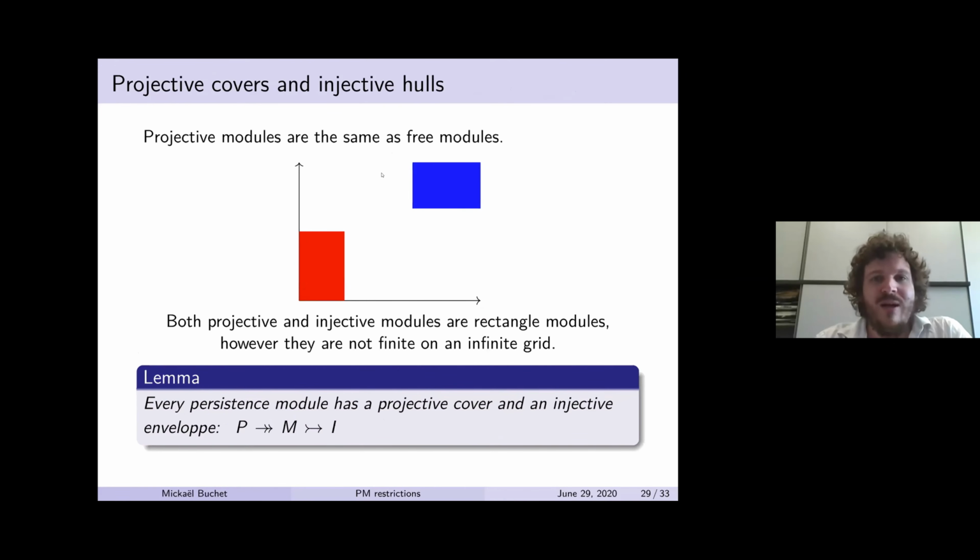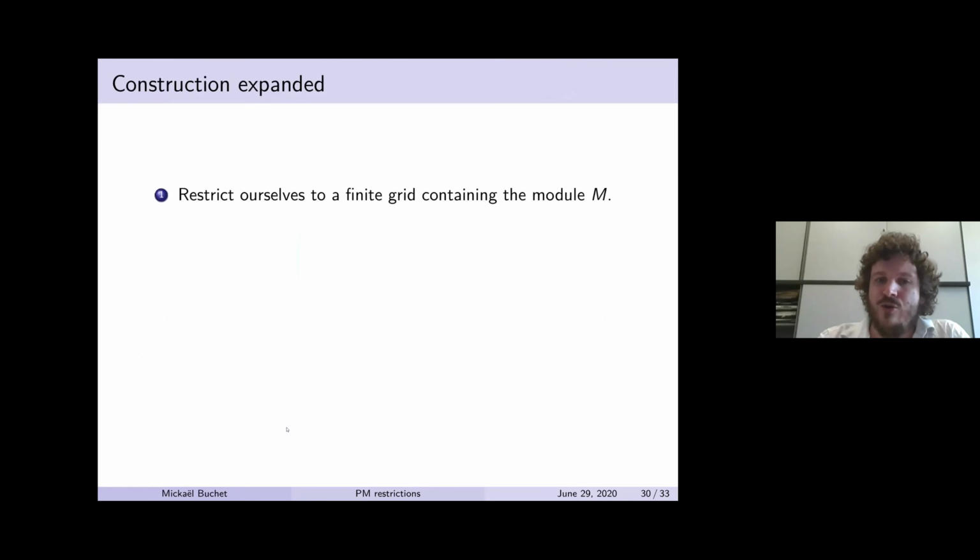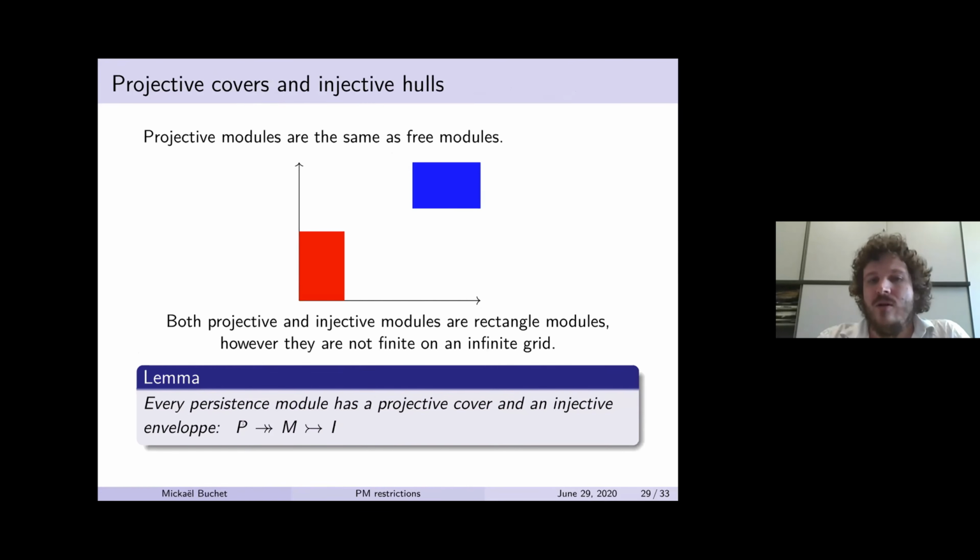Going a bit fast, but I'm almost out of time, so let's go over quickly. I have a projective module, which is the same as a free module, or injective modules. They are rectangle modules, but they are not finite on an infinite grid. But one important thing is that every persistence module has a projective cover and an injective envelope.